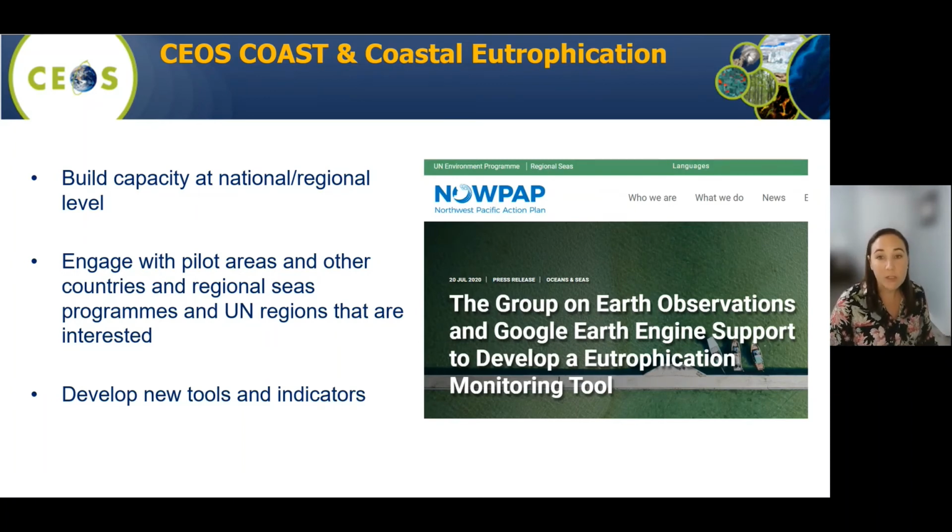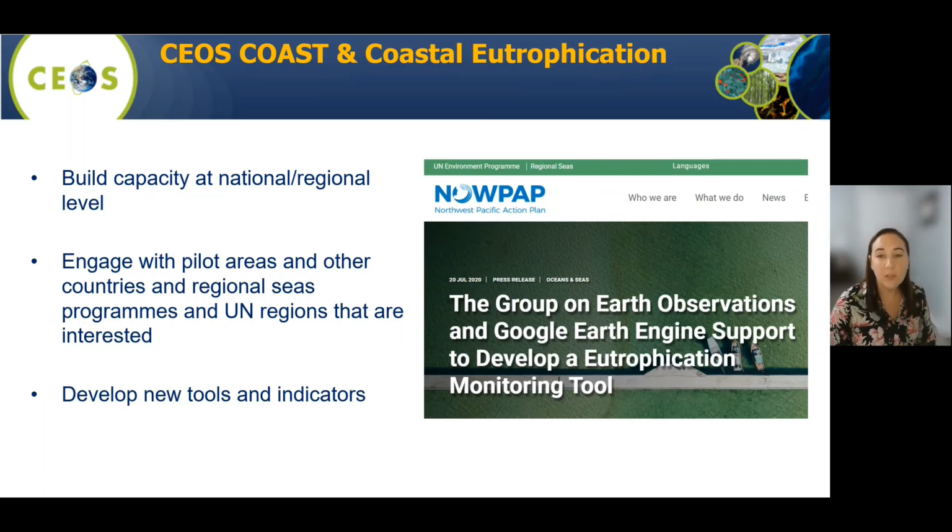And there are some efforts, such as what is being done by the Northwest Pacific Regional Seas Program, and they have been supported by JAXA, which is one of the CEOS space agencies, and a GEO Global Earth Engine grant.